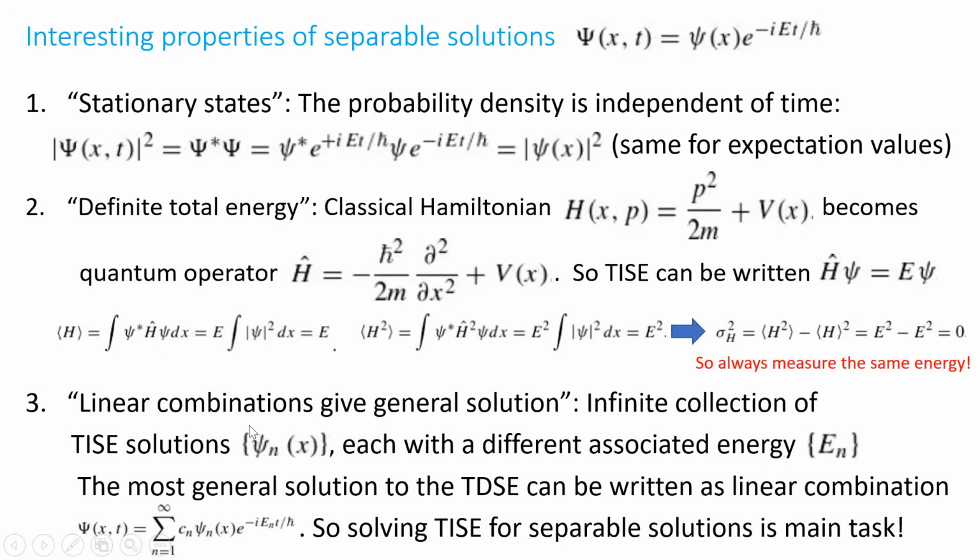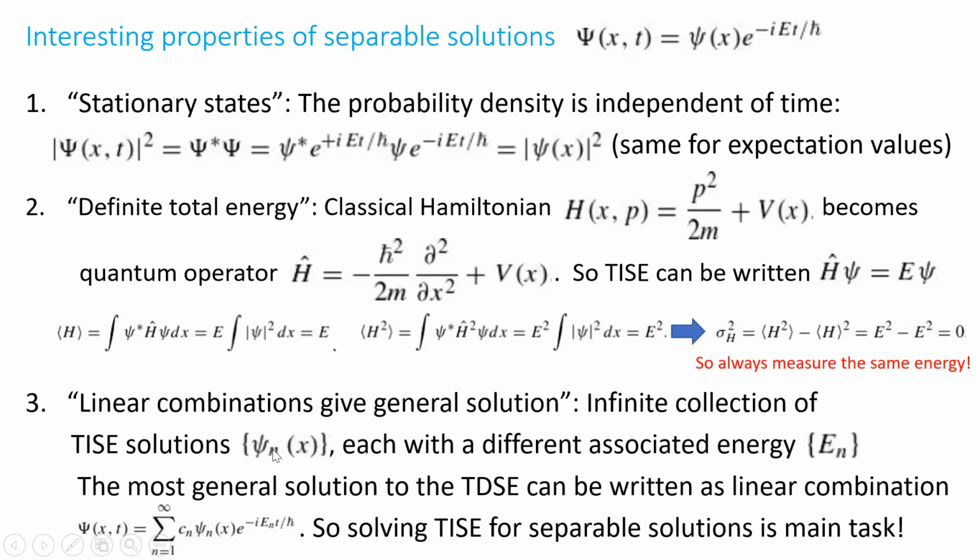The third interesting property is that linear combinations of these separable solutions will give us the general solution to the time-independent Schrodinger equation, and also the time-dependent Schrodinger equation. Generally for the time-independent Schrodinger equation, we get a collection of solutions, not just one, but a whole collection.